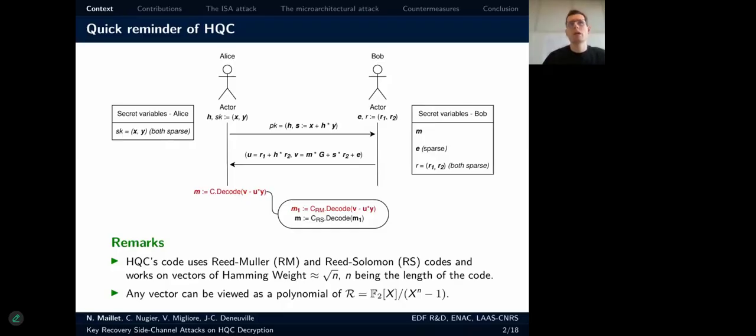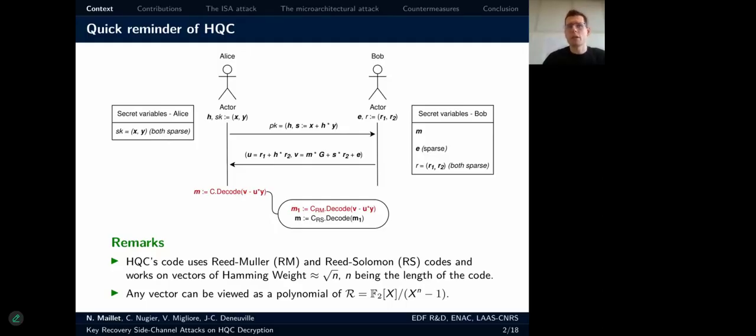Here we have Bob sending a message to Alice. As HQC is a code-based cryptosystem, when Alice receives the ciphertext, which is U and V, she computes V minus UY and does the decoding based on the code of HQC.